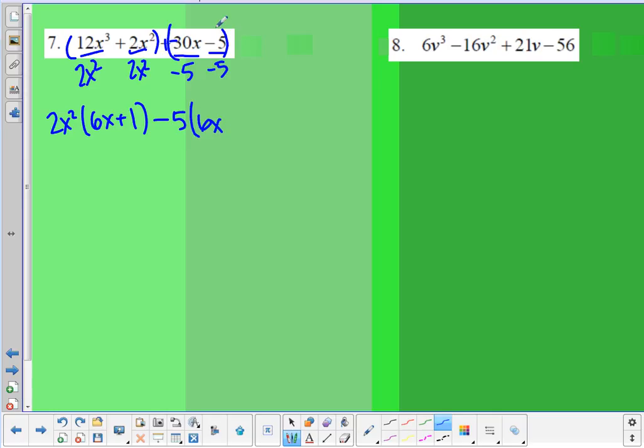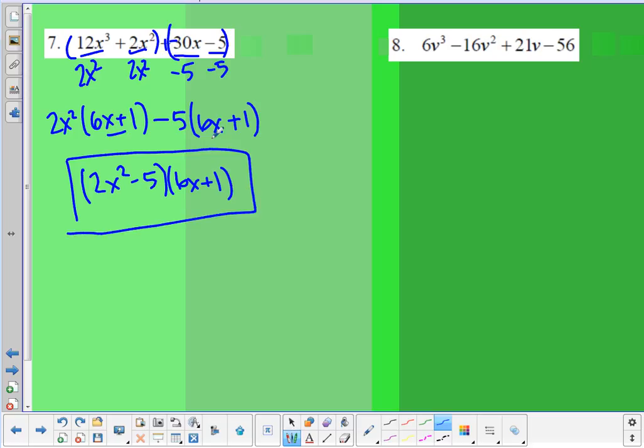Still have my x. Negative 5 divided by negative 5 is positive 1. So 2x squared minus 5 and 6x plus 1. Again, I needed to make sure that those insides match, and in order for them to match, I needed these terms to be positive, which means I pulled the negative out with it.